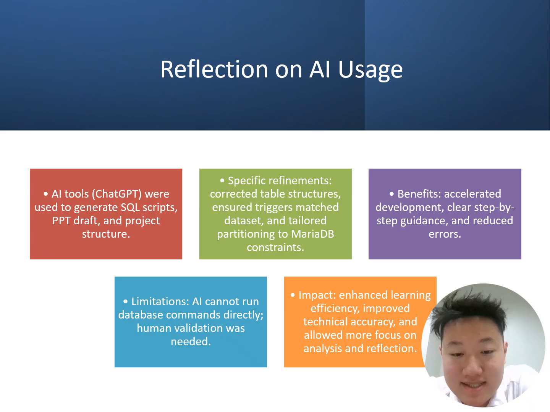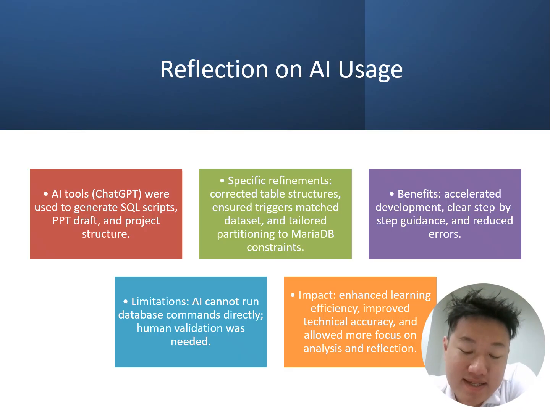The benefit is faster iteration, step-by-step guidance, and fewer mistakes, so I could focus on architecture and testing. And the limitation is that AI doesn't execute in my environment. I validated everything myself. Some suggestions were generic and I adapted them to my schema and data.